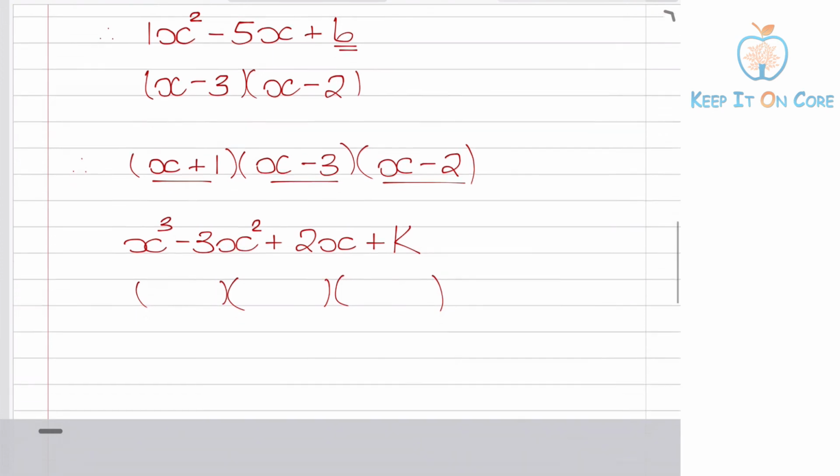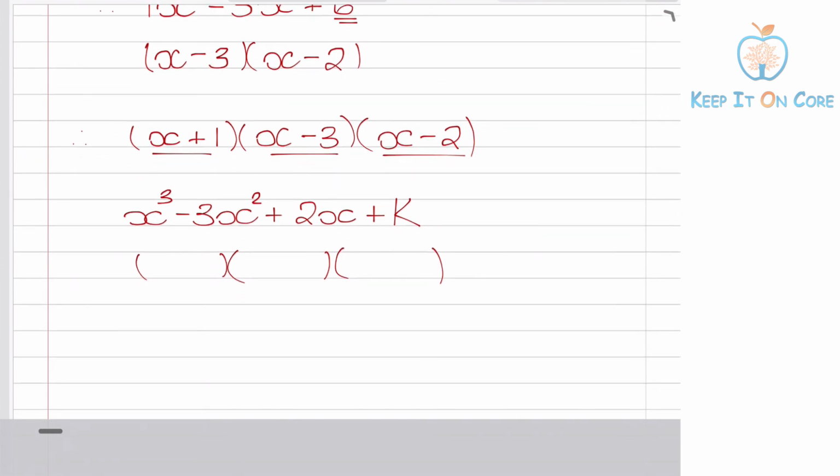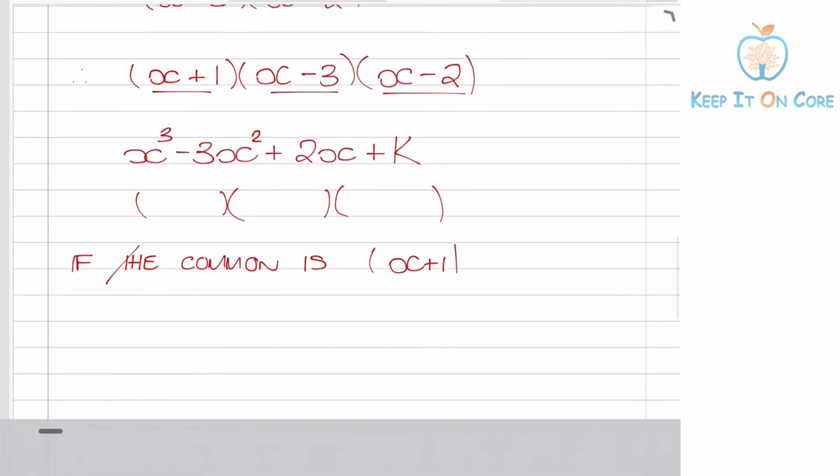So we're going to have to say, well, what if the common factor is the bracket of x plus 1? Then we could make the statement that f of negative 1 is equal to 0.